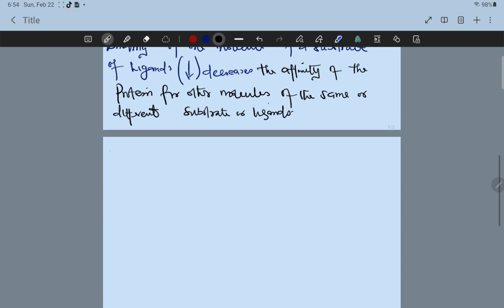The next we have, number 3, is what we call homotropic cooperativity. What does this mean?